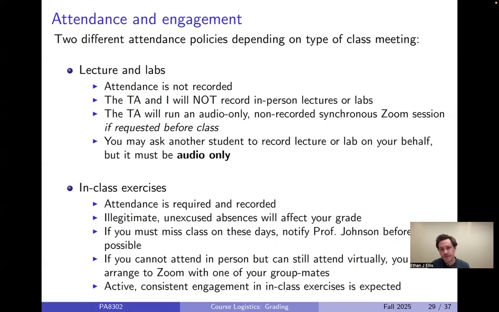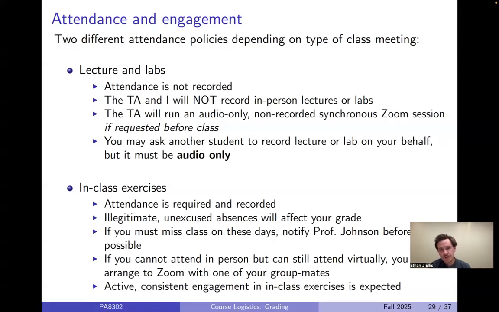We'll make sure that they're recorded. This is mentioned in the syllabus, but we're not going to do any video recordings for this particular class, but we can do the audio-only recording. You can also, if it's last minute and it's not requested before class, request another student to record the lecture while you're sitting in class.